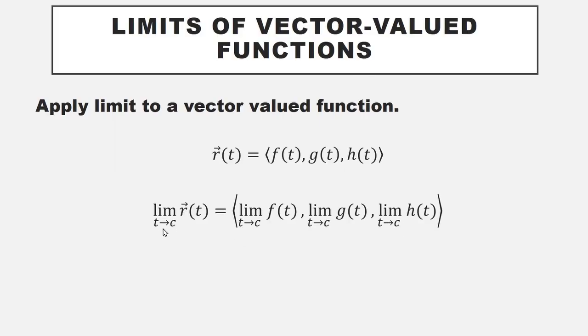So limit as t goes to c of our vector-valued function is equal to the vector limit t going to c of f, comma, limit t going to c of g, comma, limit t going to c of h. So we basically take the limit of each of those components and apply and calculate.